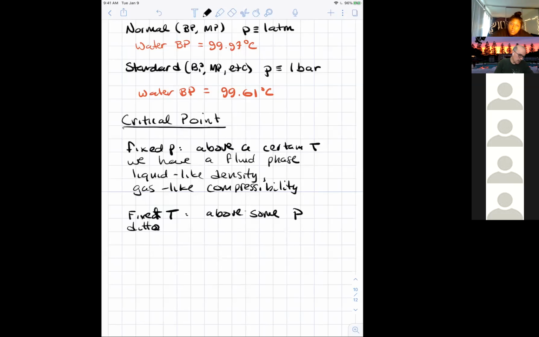So what we could talk about is a critical T, TC, or P equals PC. So we could have a critical temperature or critical pressure.